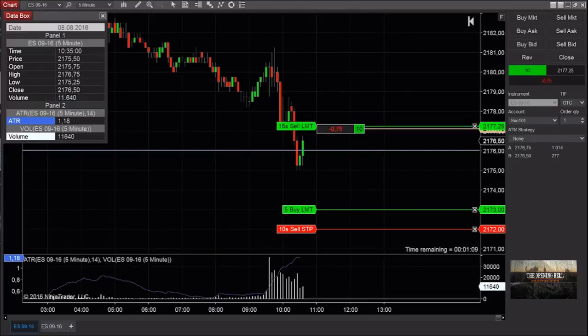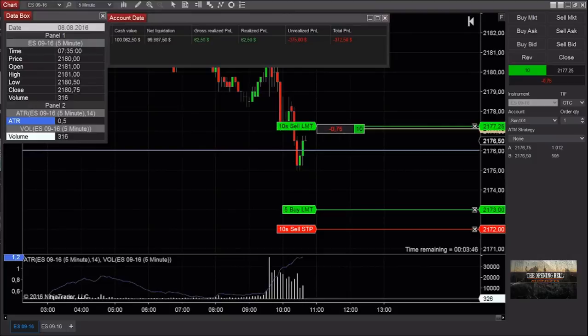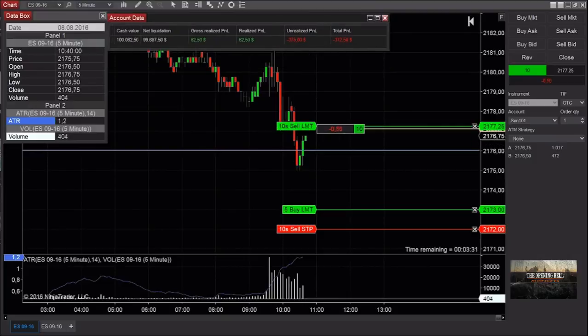The volume indicator is shown at the bottom of the chart. There you see ATR ES 0916 5 minute, 14 times moving average, ATR I mean. So that is the 14-bar ATR average range of the last 14 bars. And then you can see volume ES 0916 5 minute chart, so that's the volume indicator.